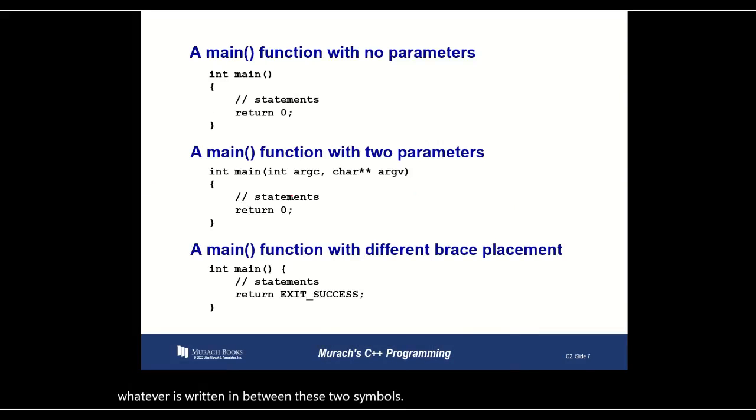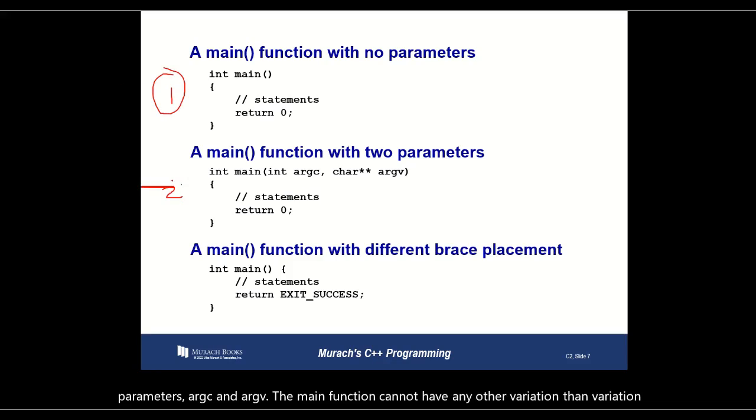The main function can have no parameters. That's what we did. It can also have two parameters, argc and argv. The main function cannot have any other variation than variation number one or variation number two, as far as the arguments go.